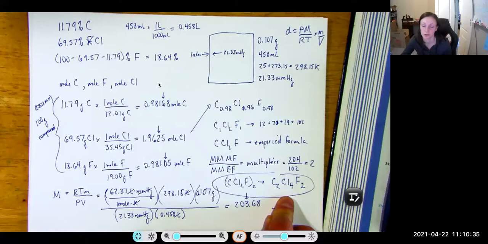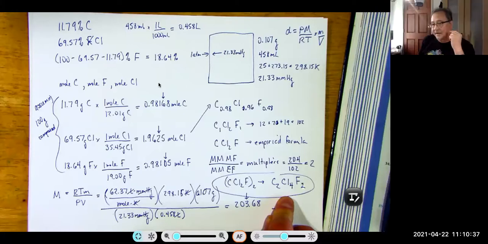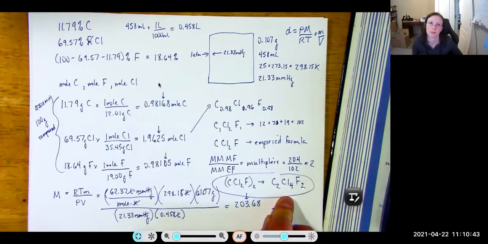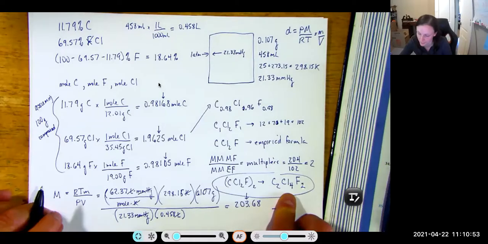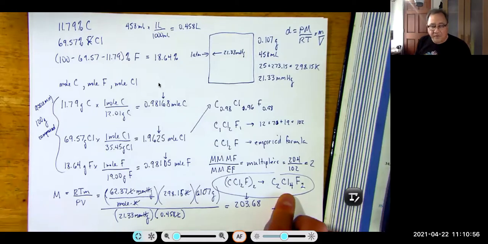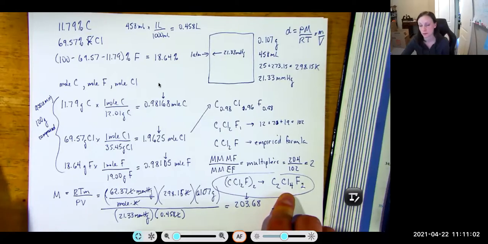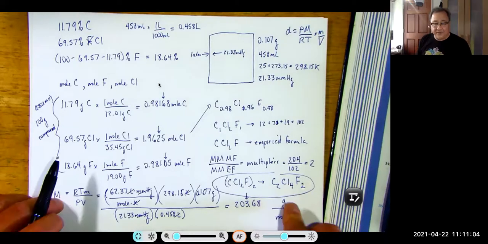Because it's the actual formula. Okay, but what is the empirical formula supposed to be? I want to say like the simplified. Simplest ratio of elements. That's it. And so I would say this is not an empirical formula because it's not the simplest ratio. If the question is, why is that not the empirical formula?